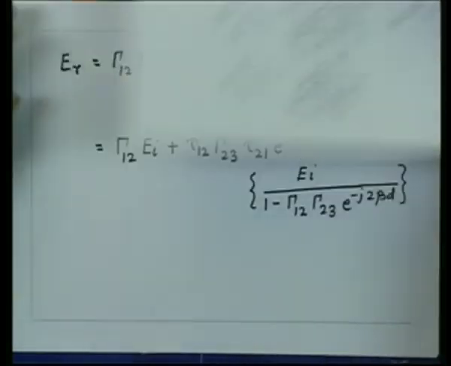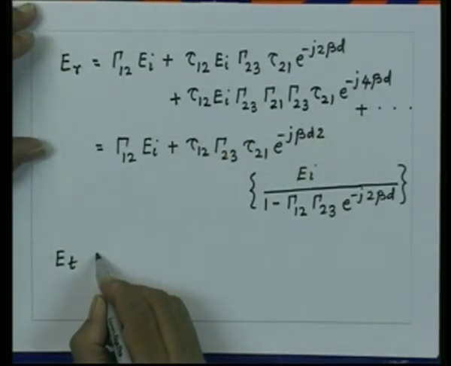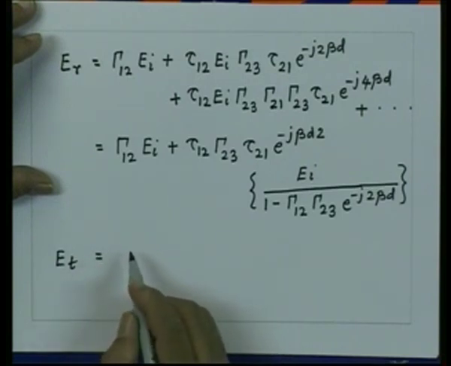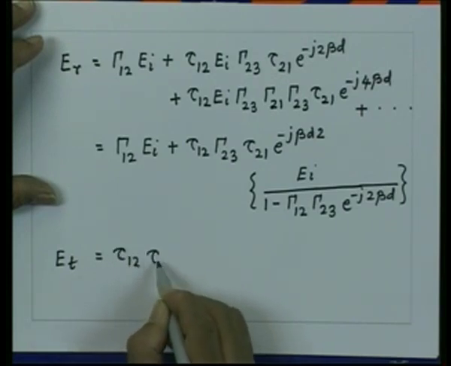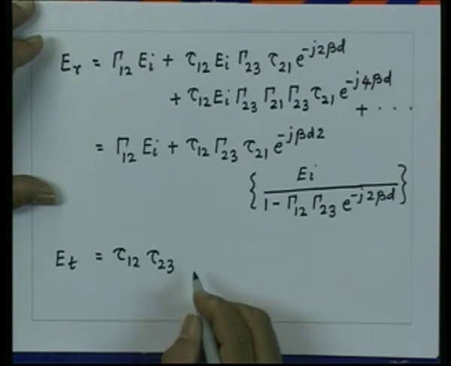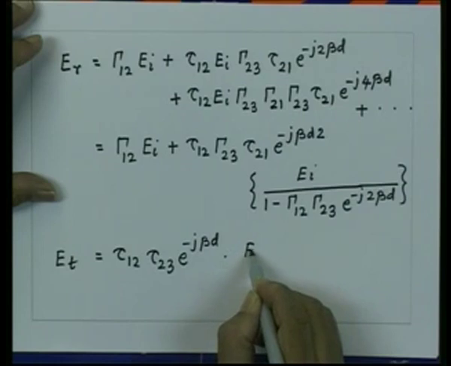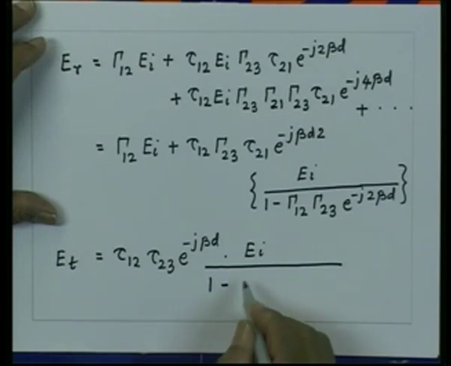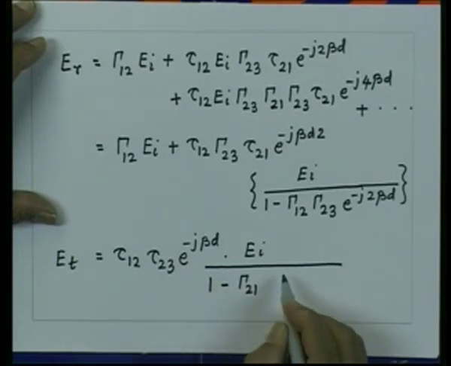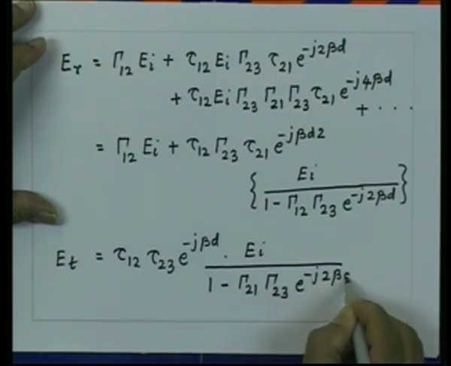If I sum up again all these fields, essentially we will get the transmitted wave also on the line similar to this, that will be equal to tau 1 2 tau 2 3 e to the power minus j beta d into E I divided by 1 minus gamma 2 1 gamma 2 3 e to the power minus j 2 beta d.